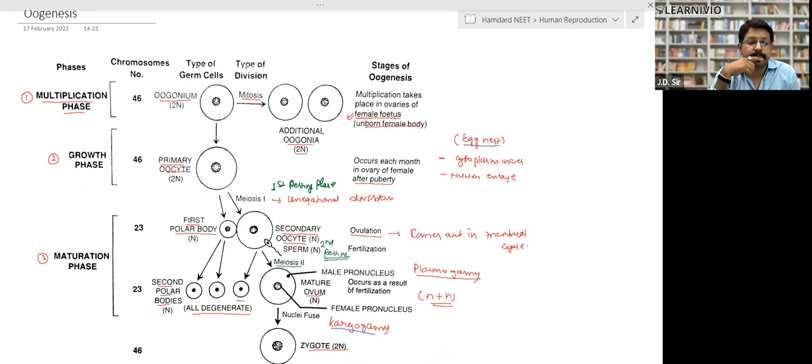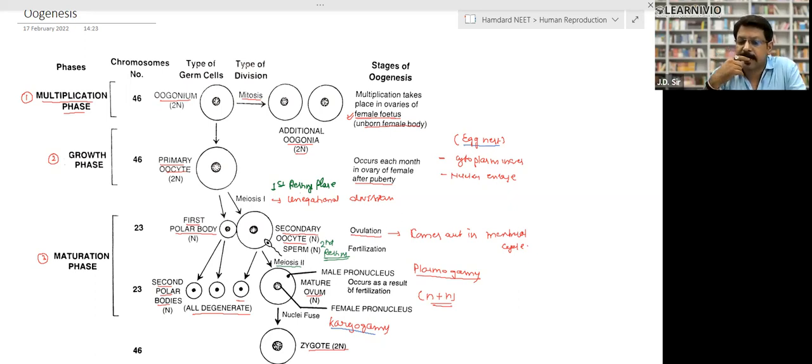That is multiplication phase, comma, growth phase, comma, maturation phase. Multiplication phase, growth phase, and maturation phase.